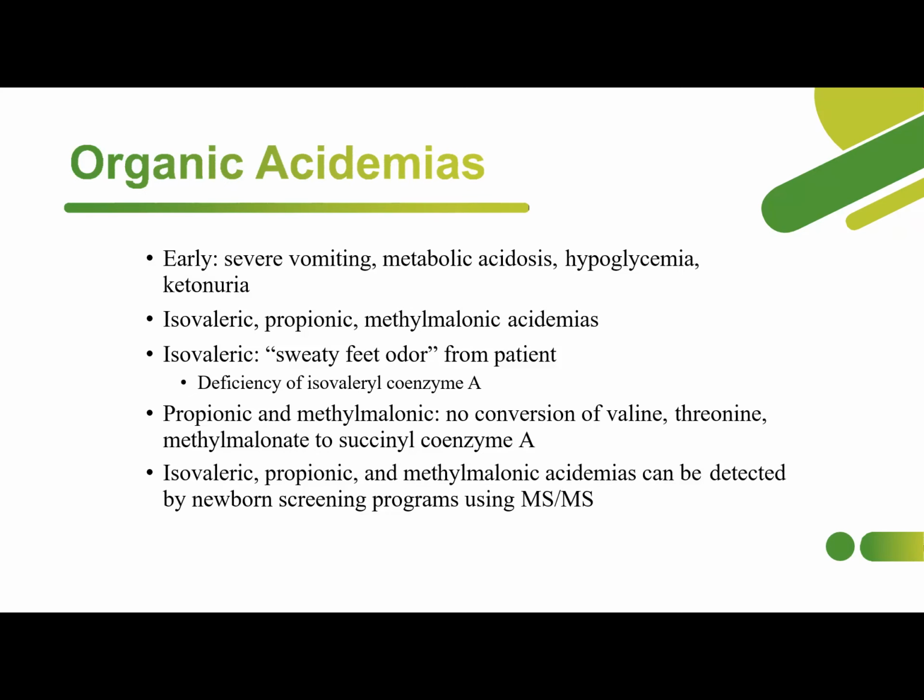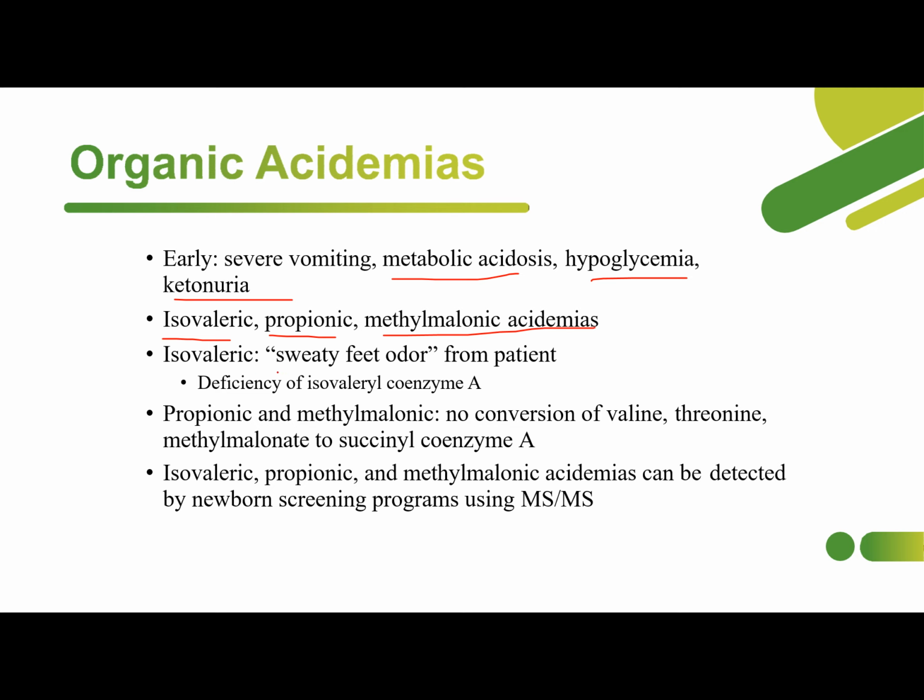Then we have your organic acidemia. So there would be early signs of organic acidemia. The newborn would develop severe vomiting, metabolic acidosis, hypoglycemia, and ketonuria. There are different types of organic acidemia. We have your isovaleric, propionic, and methylmalonic acidemia. Let's discuss first the isovaleric acidemia.